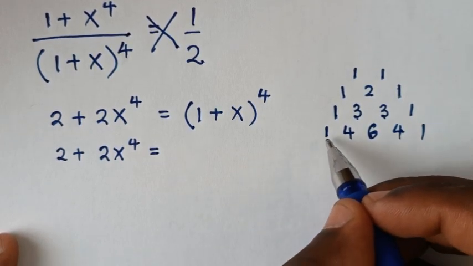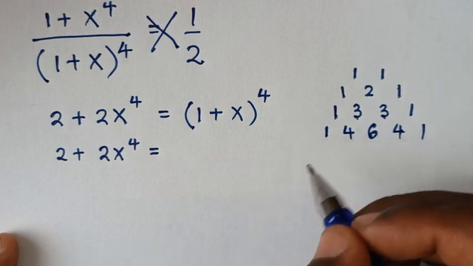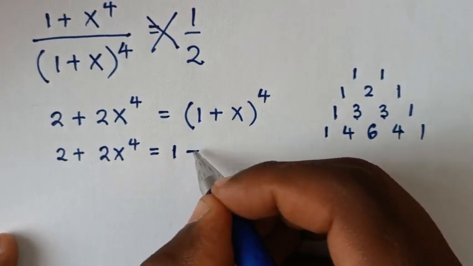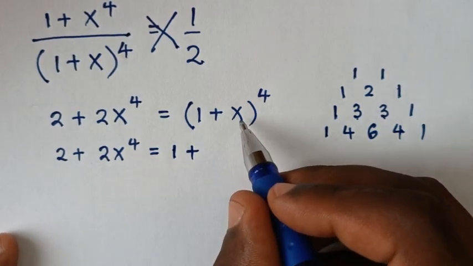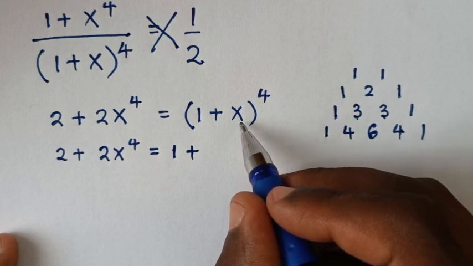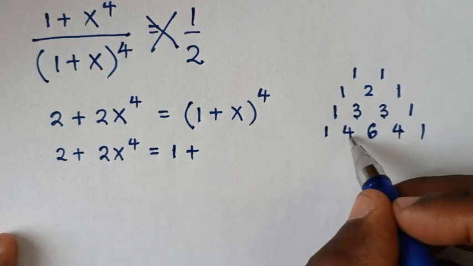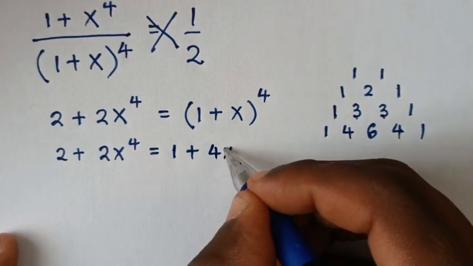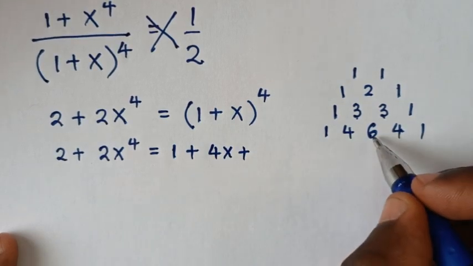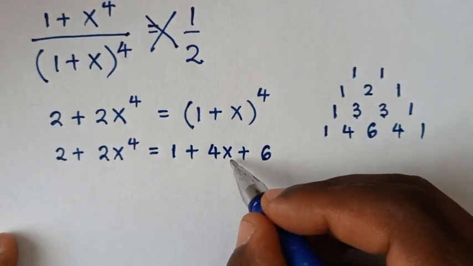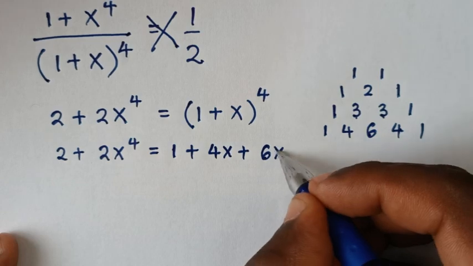So here, the first coefficient is 1, so here it is 1. Then plus x, we will increase the powers. So we start with x, here the coefficient is 4, so it will be 4x. Then plus coefficient is 6, here it is x^2.